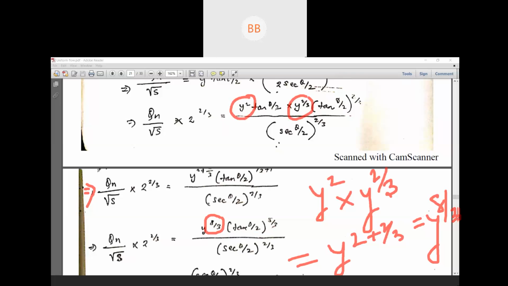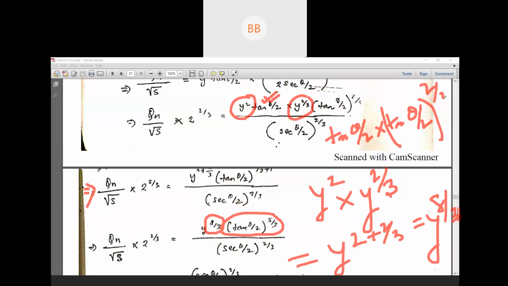Then we have tan theta by 2 here, tan theta by 2 multiplied by tan theta by 2 all to the power 2 by 3. So that is why it's tan theta by 2 to the power 5 by 3. This is nothing but tan theta by 2 multiplied by tan theta by 2 all to the power 2 by 3.